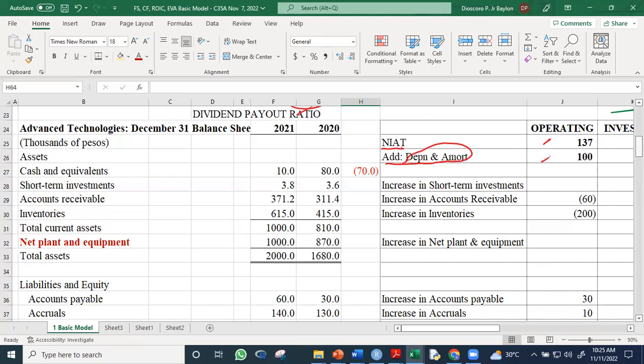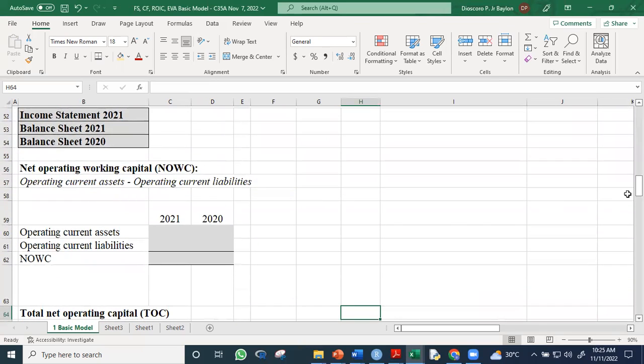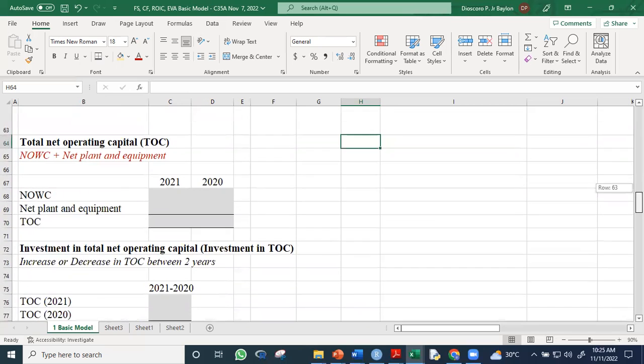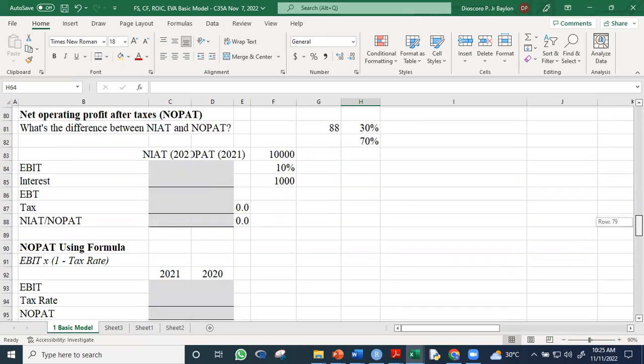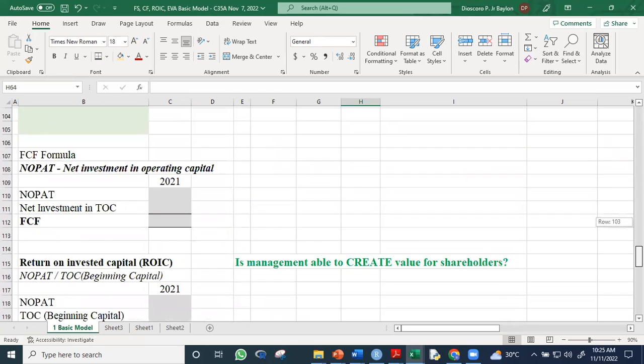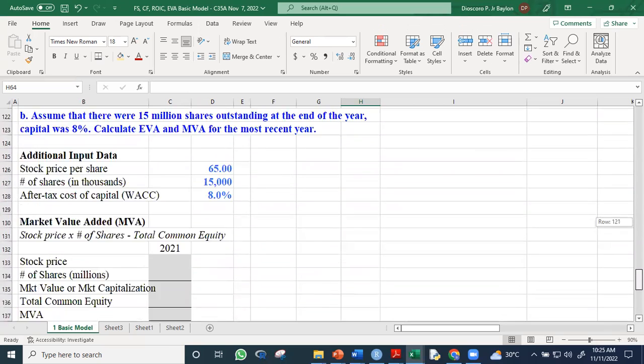So let's continue, class. Let's continue down the line and let's compute. There are some measures here that we're going to compute. First is NOWC, and then TOC, and then NOPAT, okay, and then FCF, ROIC. So quite a lot, no? Quite a lot. So let's start now.